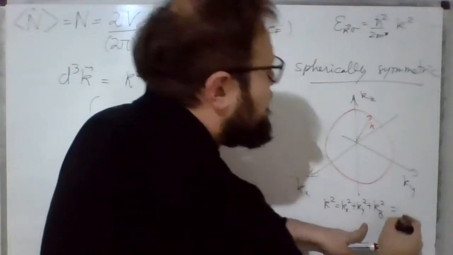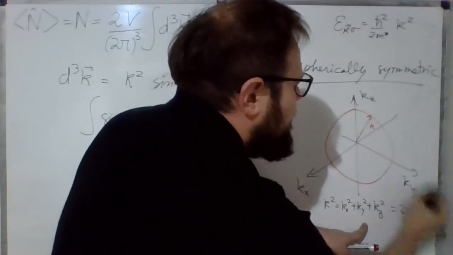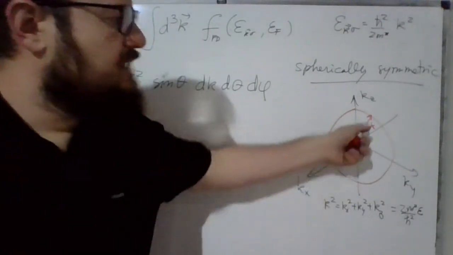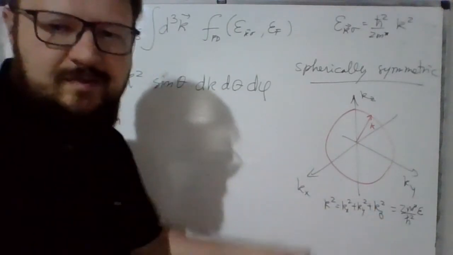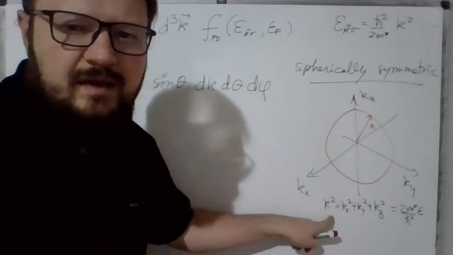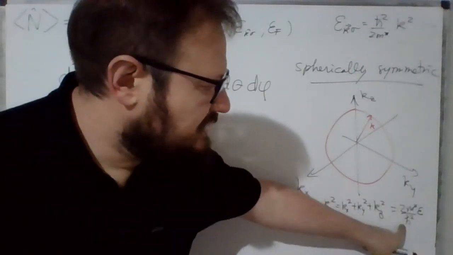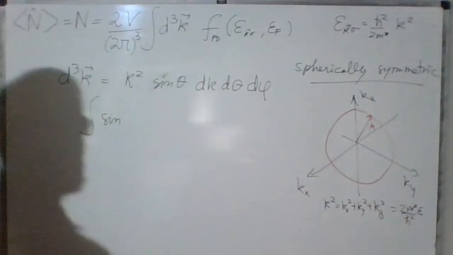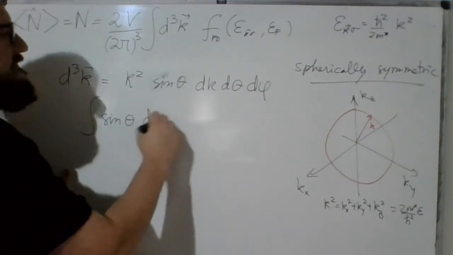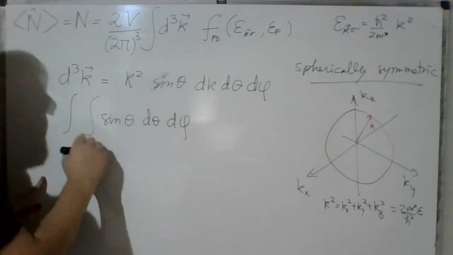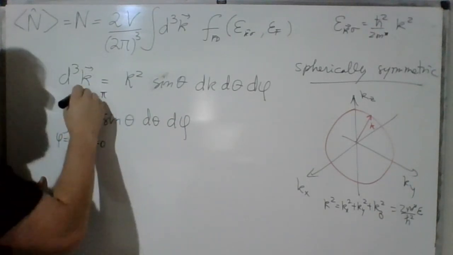It is equal to twice the effective mass divided by h bar squared times the energy. So for a given energy, you have a spherical surface of radius k, all right? Because this is the equation for a sphere of radius twice the mass divided by h bar squared times the energy, okay? So this integration over all the theta and phi is an integral over theta from 0 to pi and phi from 0 to 2 pi.